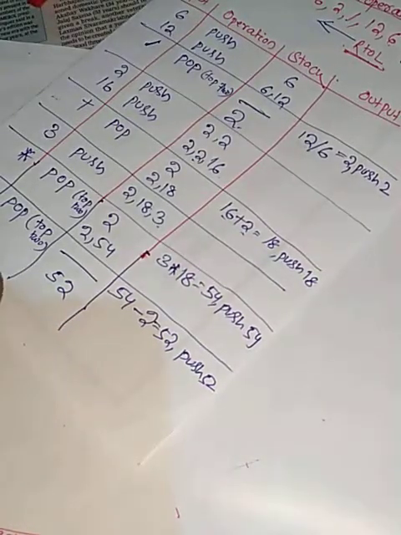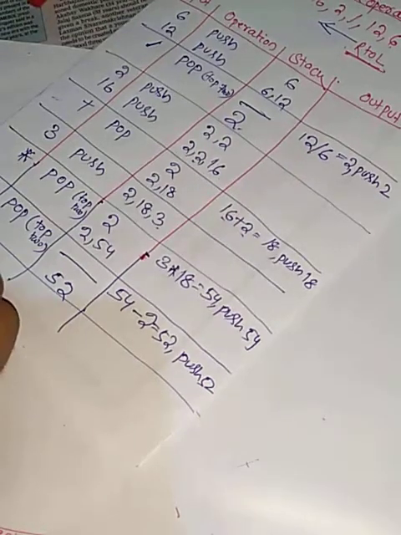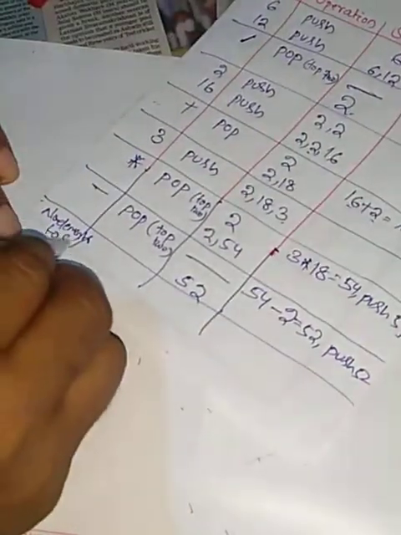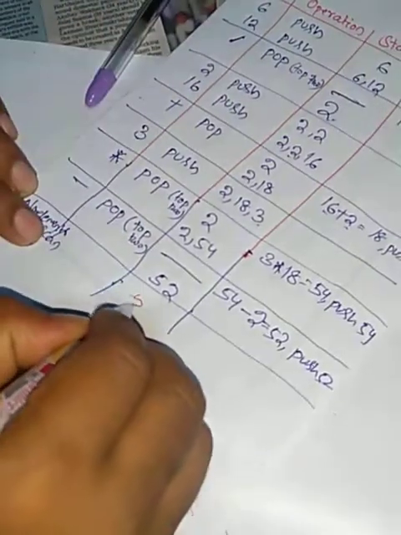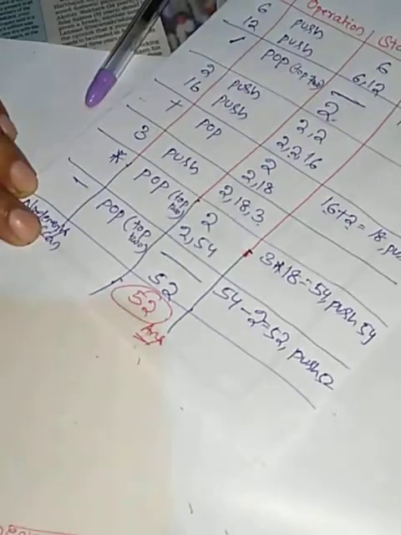So now there are no elements to scan, and the stack contains 52. This 52 is the answer.